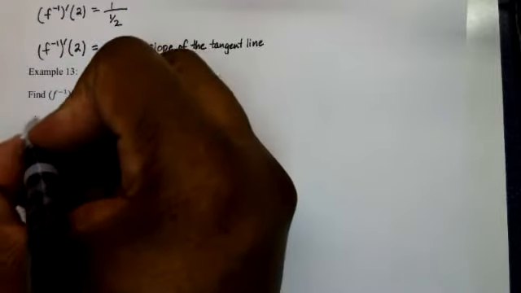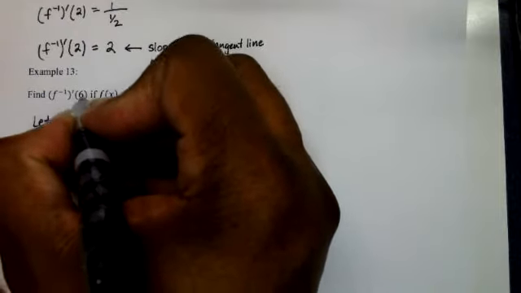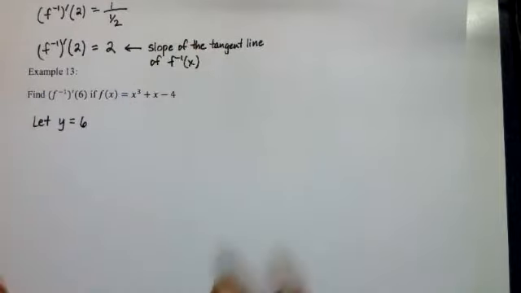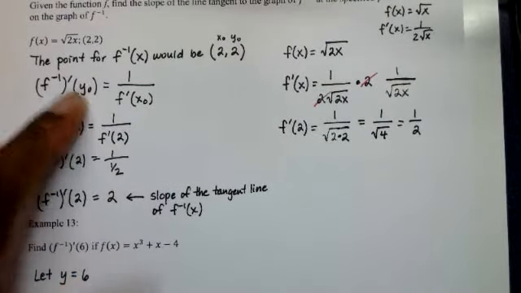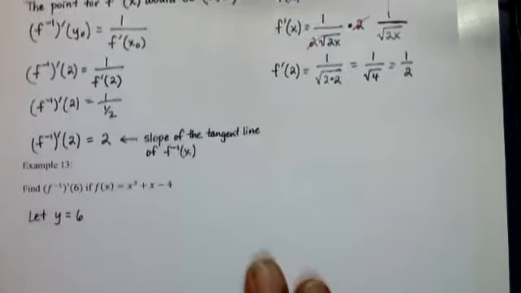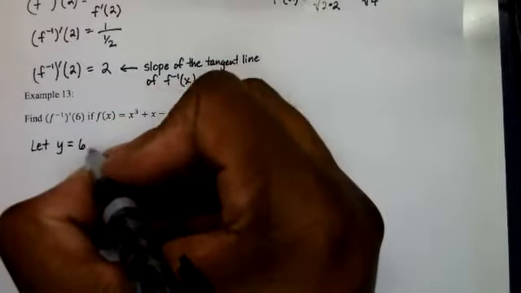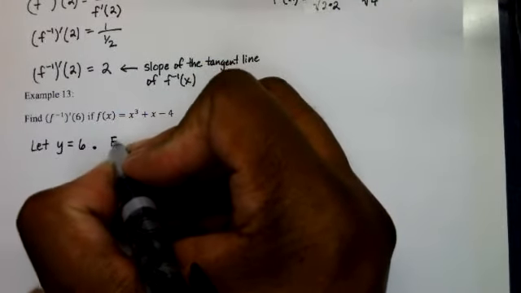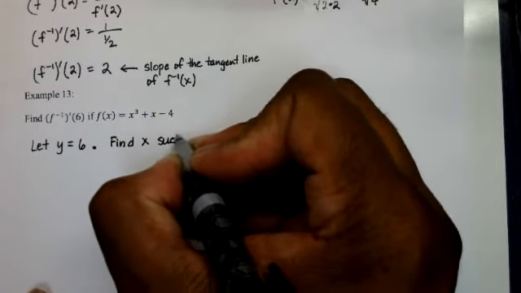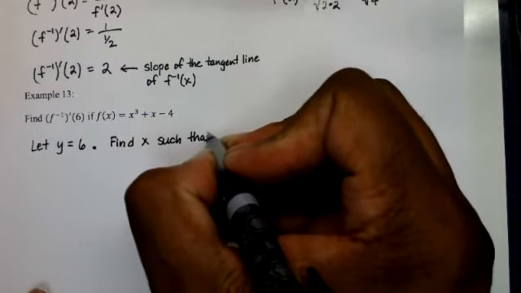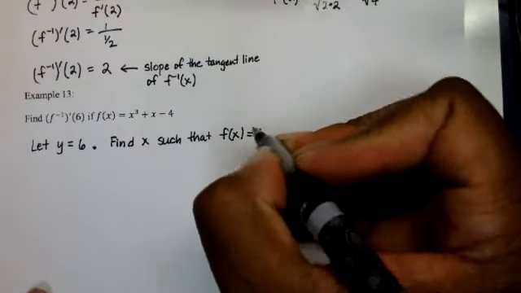Here we're going to let y equal this 6 right here, because it follows the fact that f inverse prime of y sub 0, so that means your y has to be 6. Since y is equal to 6, we need to find out what x is such that the function f of x would be equal to 6.